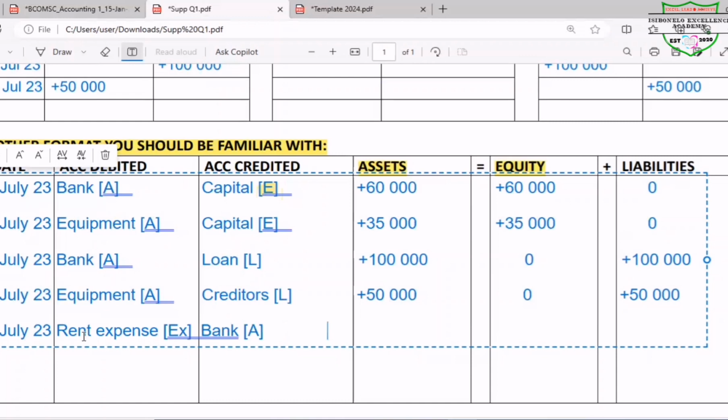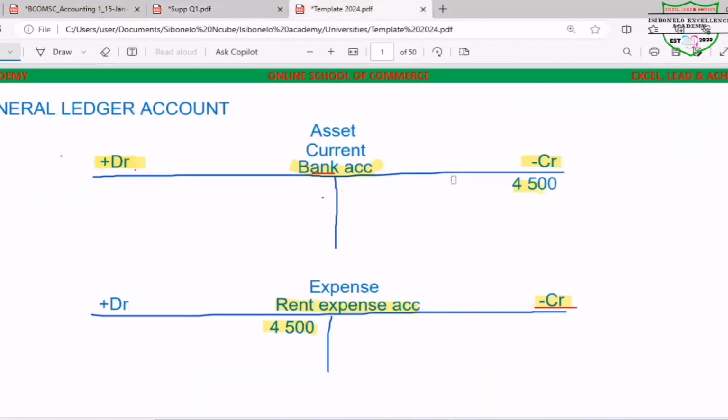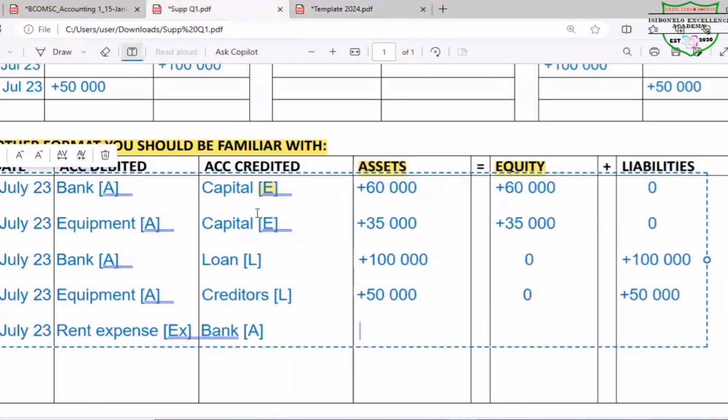So under the assets column, we're gonna have negative. Remember, on the credit side, assets are negative. So we're gonna have negative 4.5.